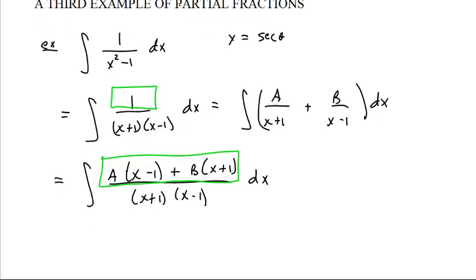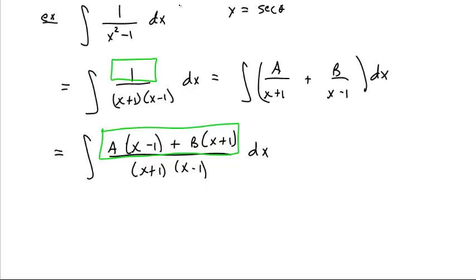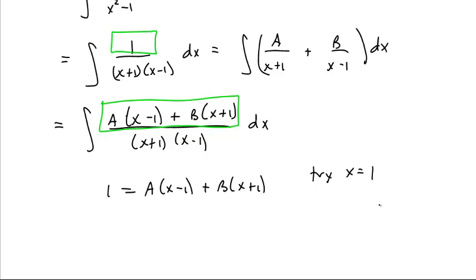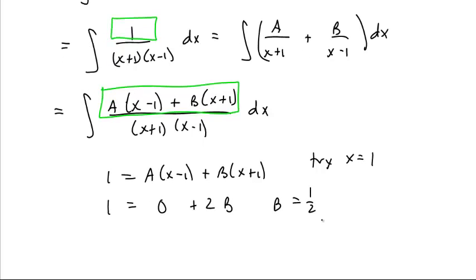One trick is to say when is 1 equal to a times x minus 1 plus b times x plus 1? One thing is to try x equals 1. If x equals 1, we get 1 equals 0 plus 2b. So b would be 1/2.